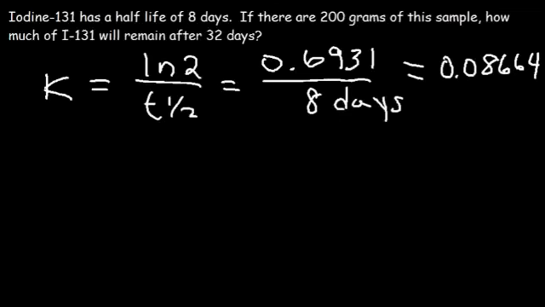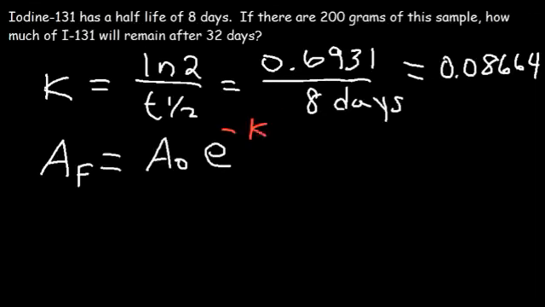Now once we have the rate constant k, we can find the final amount using this equation. A_f represents the final amount. A initial, or A_0, is the initial amount. And then it's e raised to the negative kt. The negative means that we're dealing with a decay problem.